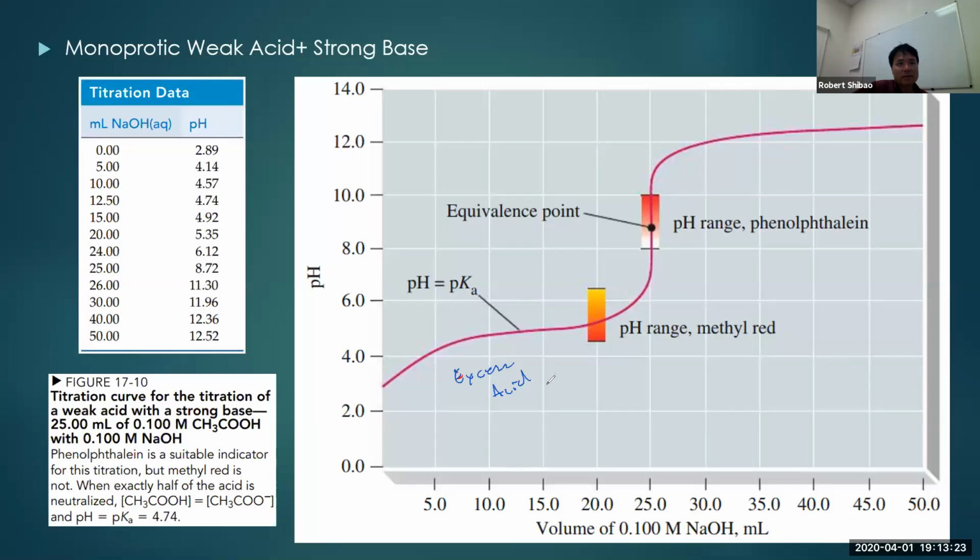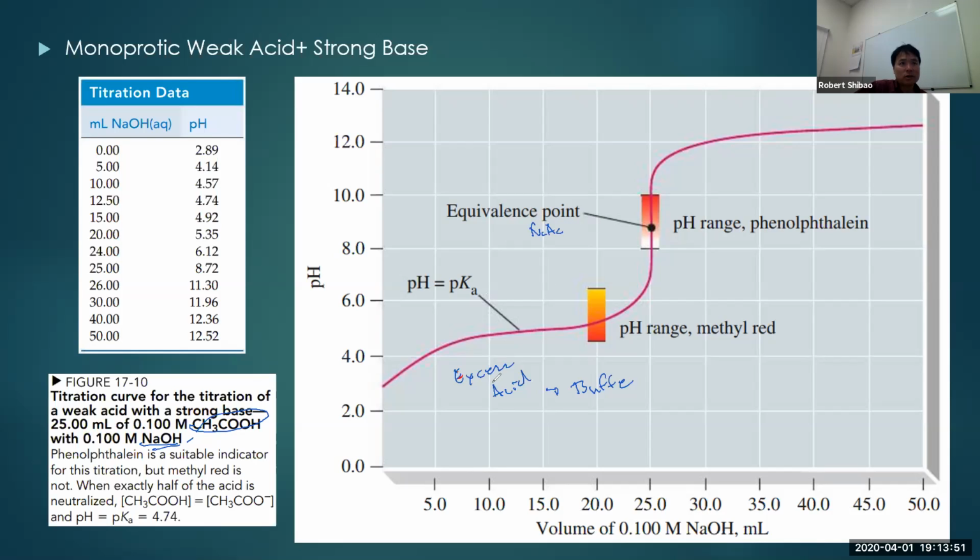And so what happens is if we have excess acid, some of the base neutralizes the acid and converts it into our basic salt, which we talked about earlier. So when we have excess acid, in this case acetic acid, the sodium hydroxide reacts with this excess acid to produce sodium acetate, which is what we have at the equivalence point.